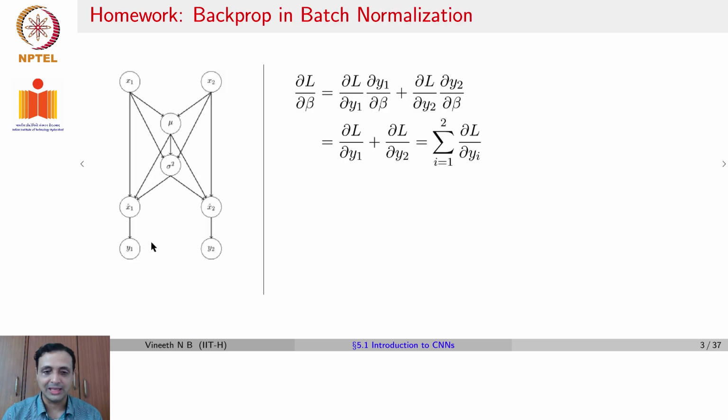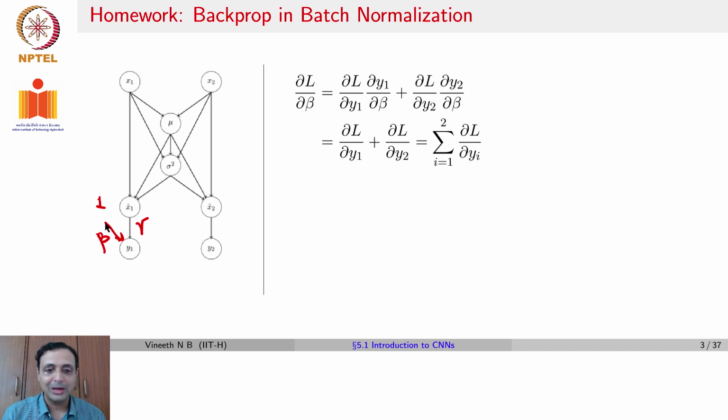Keeping that in mind, this is the main equation that you may want to keep in mind for the next few slides. So dou L by dou beta: you can assume that beta is almost an input into y, so you have gamma times xi hat plus beta times 1 is what is y1.